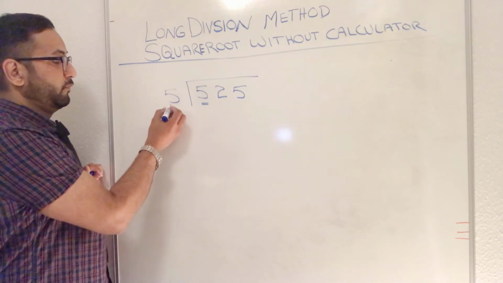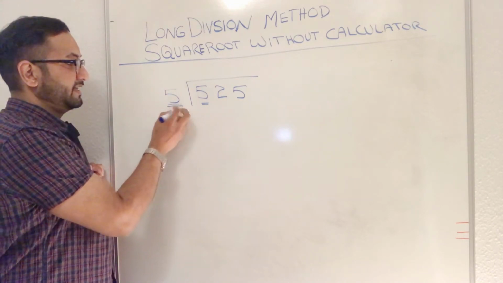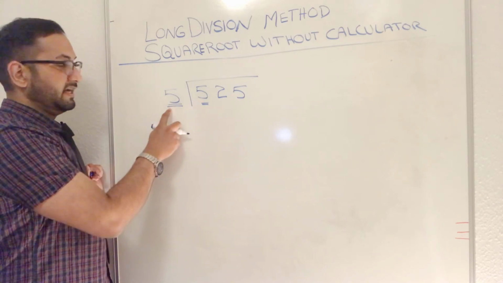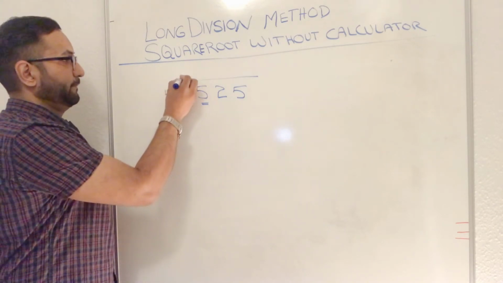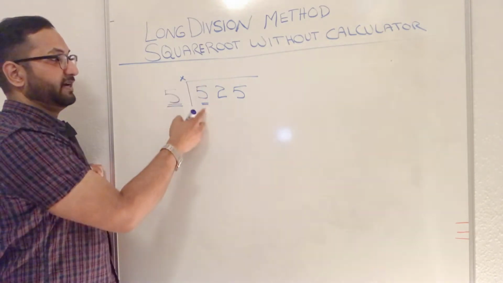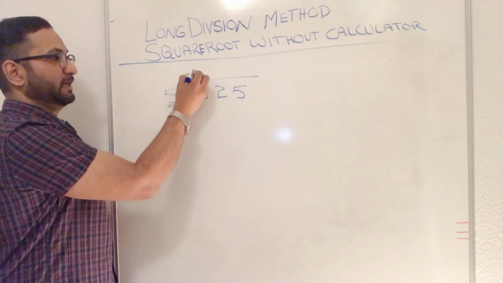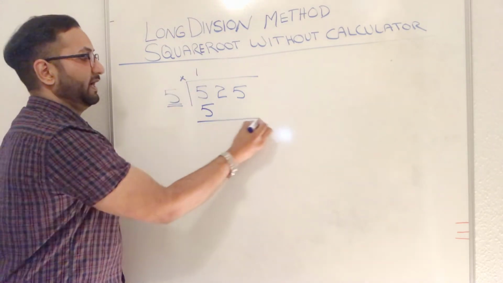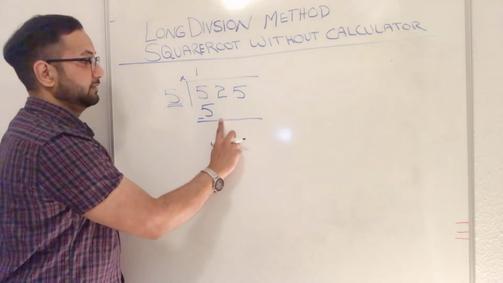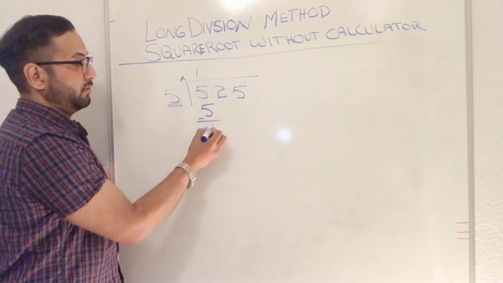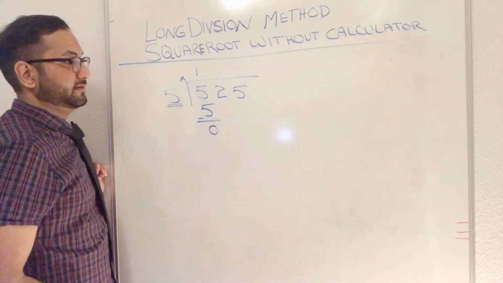So now we need to check, how many 5s come in 5? Which number do you times by 5 to get 5? You need to times by 1 to get 5, and then we subtract both numbers, so only 0 is left.